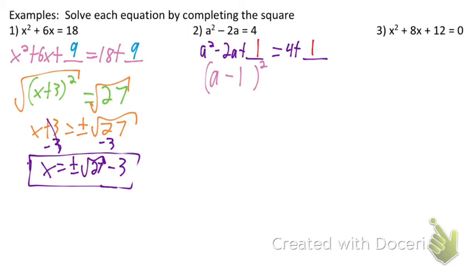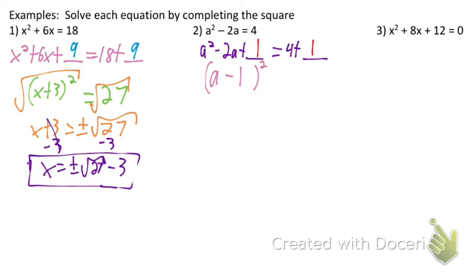I noticed some confusion on what I said earlier, so I want to clarify that. When I said earlier that we're always going to add a positive there, that's for the blank, because we always square that. But the number in the parentheses isn't squared yet. This number can be negative, and it will be negative whenever the b, the middle term, is negative.